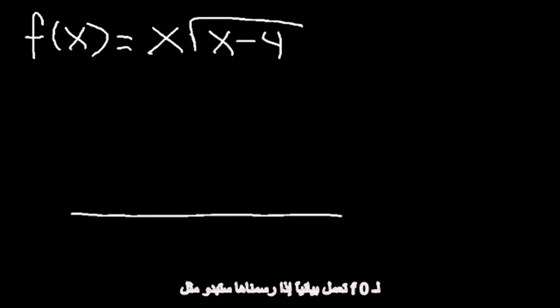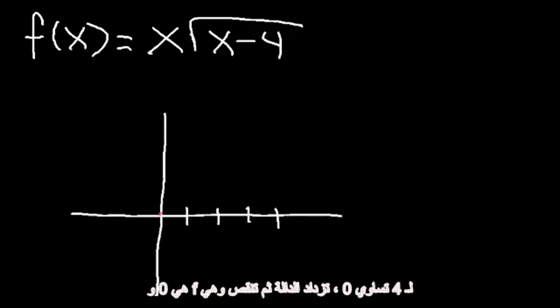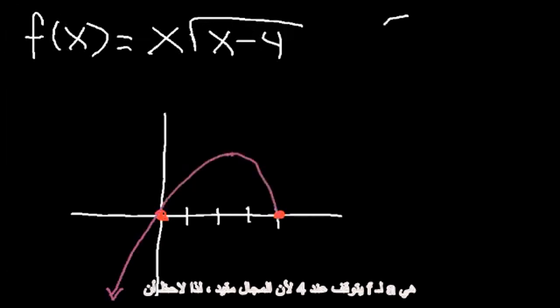Now let's analyze the function graphically. If we graph it, it's going to look something like this. f of 0 is 0 and f of 4 is 0. The function increases and then it decreases, and it stops at 4 because the domain is restricted.